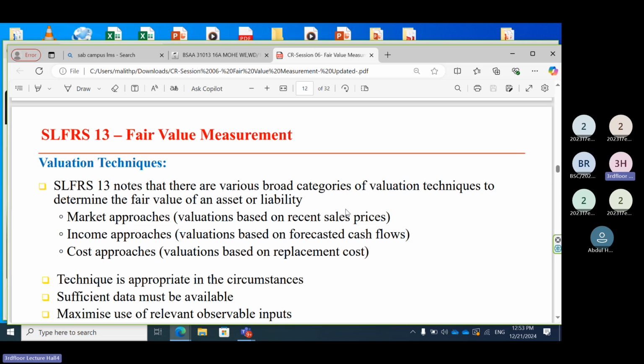Okay, quickly went through this. So then we have three bases for valuation. We have already discussed that the value can be measured using three techniques. What are they? Market approach, income approach, and the cost approach. So then how can we measure this?